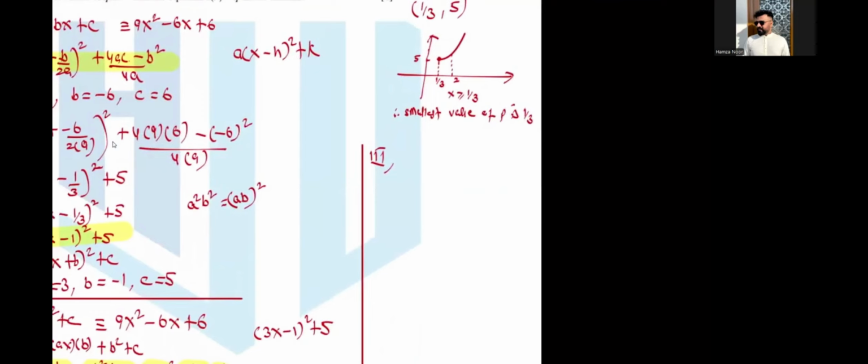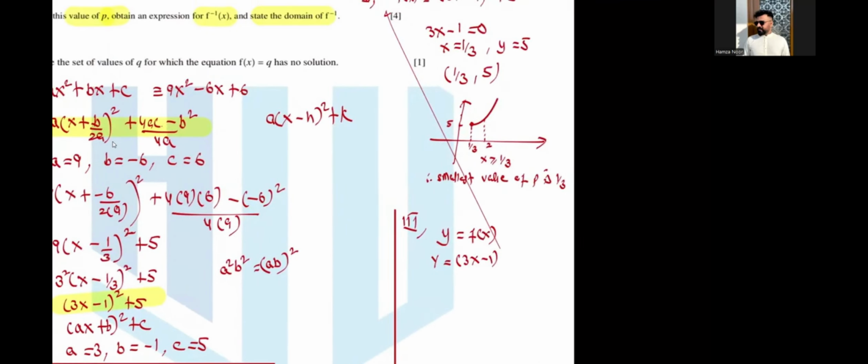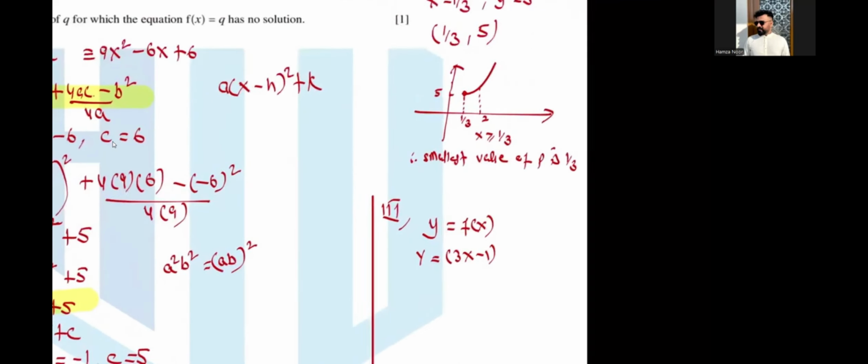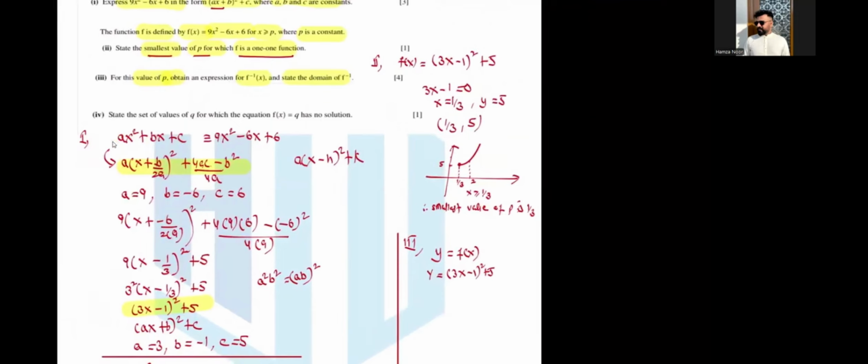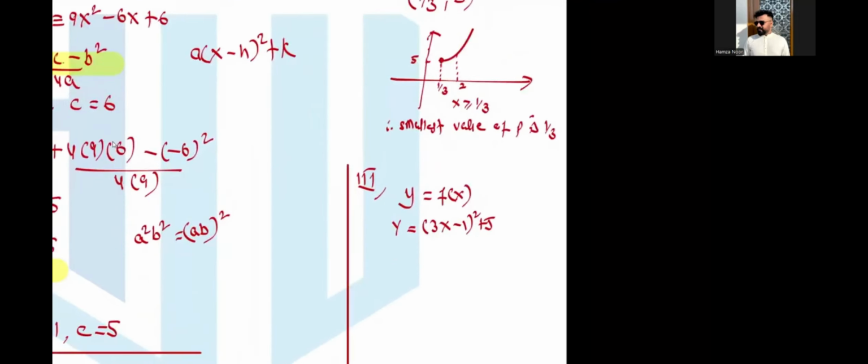The steps to find the inverse function: first of all, we set the f(x) function equal to y. So y = f(x), meaning y = (3x − 1)² + 5. Then I'm going to say that (3x − 1)² = y − 5.